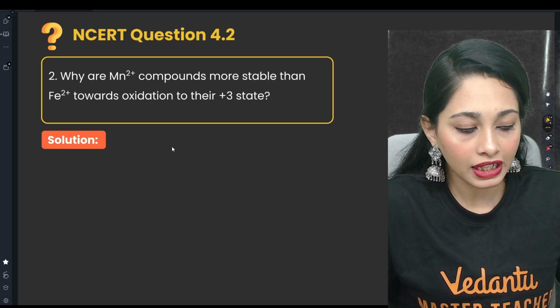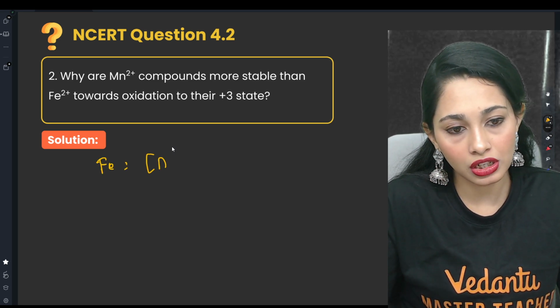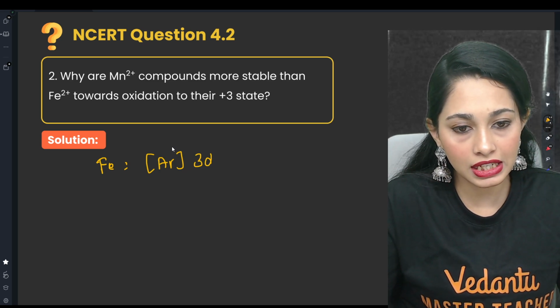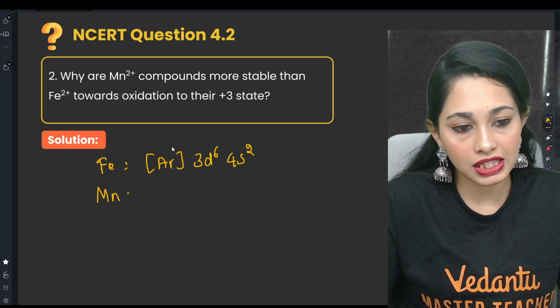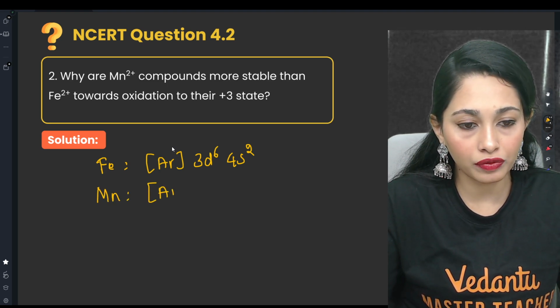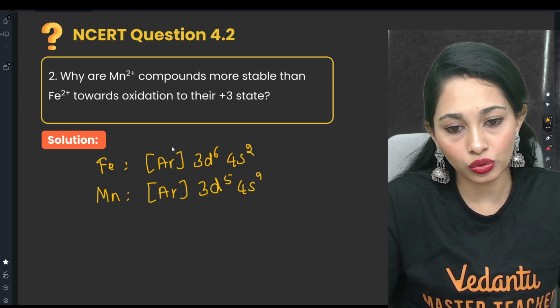If we look at it, the element Fe has electronic configuration argon 3d6 4s2, and manganese has the electronic configuration argon 3d5 4s2.